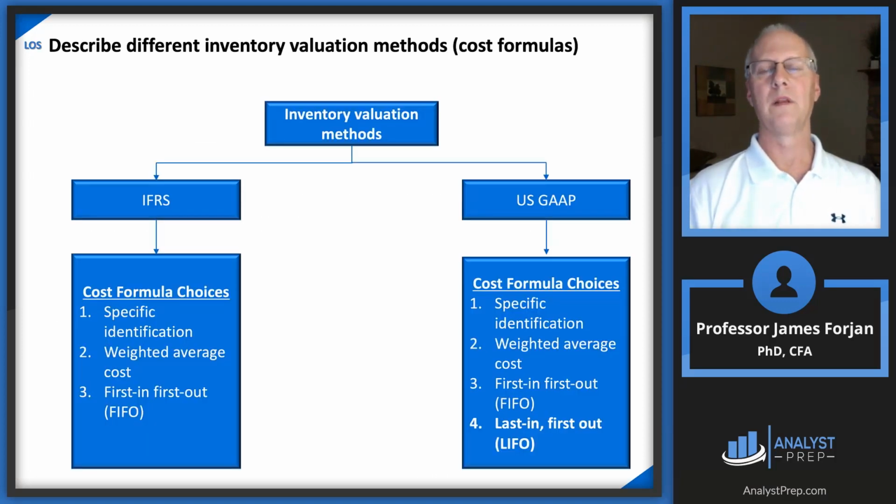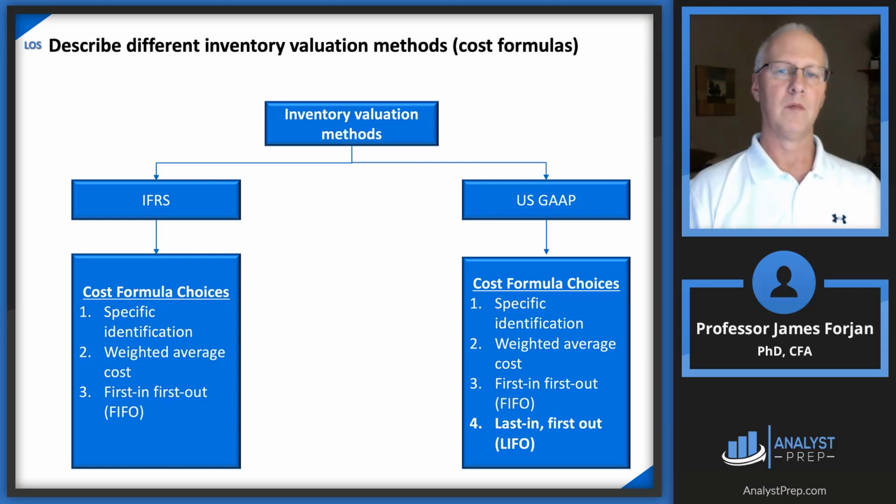All right, here's probably the most important among the most important LOSs in this reading, which is to describe, and then later on we'll do some calculations about the different inventory valuation methods. Now, the International Board and the U.S. Board, they pretty much think alike with one exception.